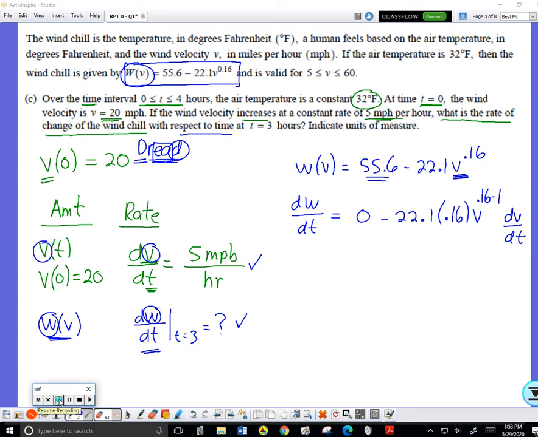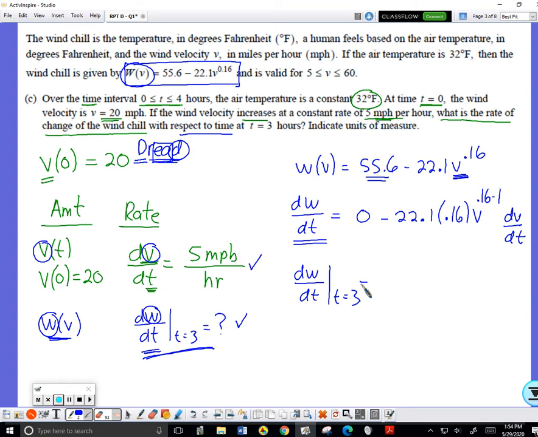Okay, so now I have my formula for finding dW dt. I need to find that at time equal 3, because that's what was asked in the problem.